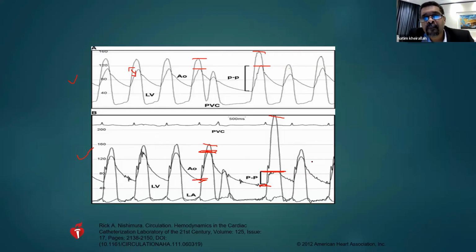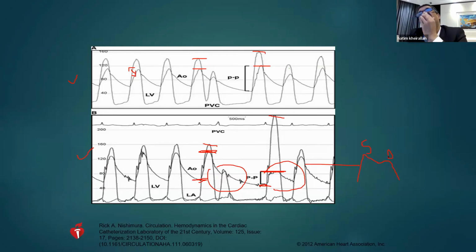Sometimes, if you focus further, like in this one here, you see that the pulse wave takes this morphology. What is it called?